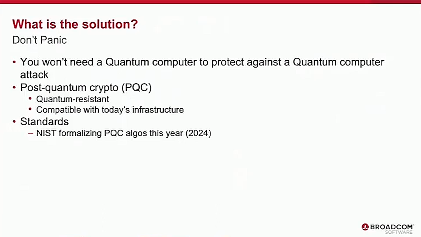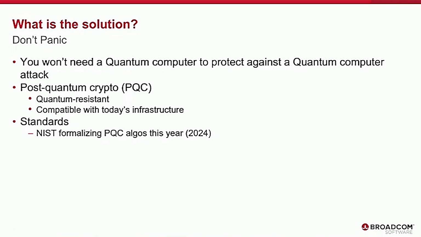Now, don't panic. There is an actual solution. The beauty of it is that you don't need quantum computing to protect against a quantum computer attack. There are new post-quantum crypto algorithms to replace RSA and elliptic curve, and those new algorithms are quantum resistant, even against Shor's algorithm.